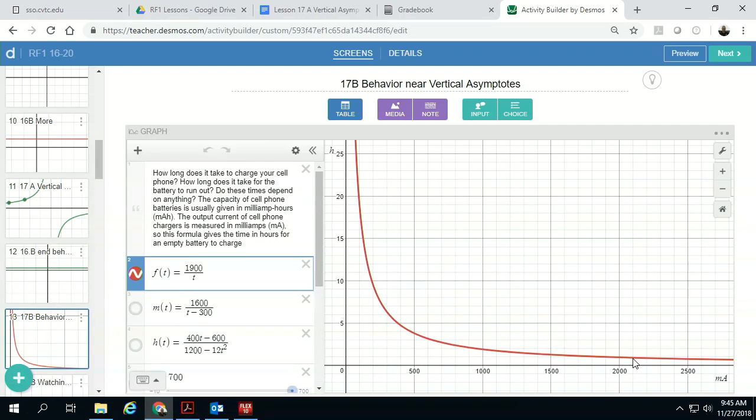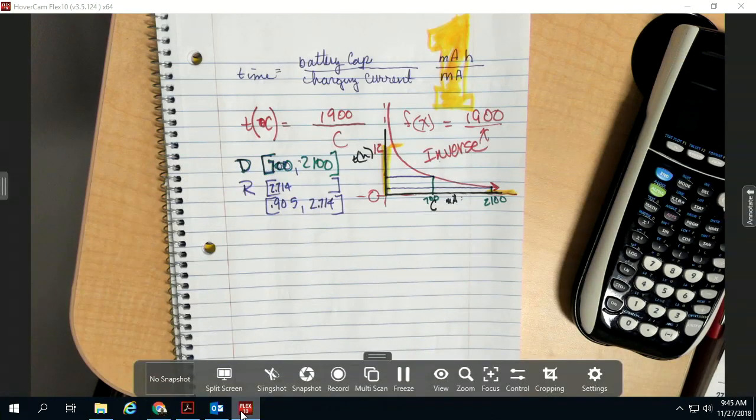So let's make a verbal statement about this. If your charger is able to charge between 700 milliamps and 2100 milliamps, complete the statement.